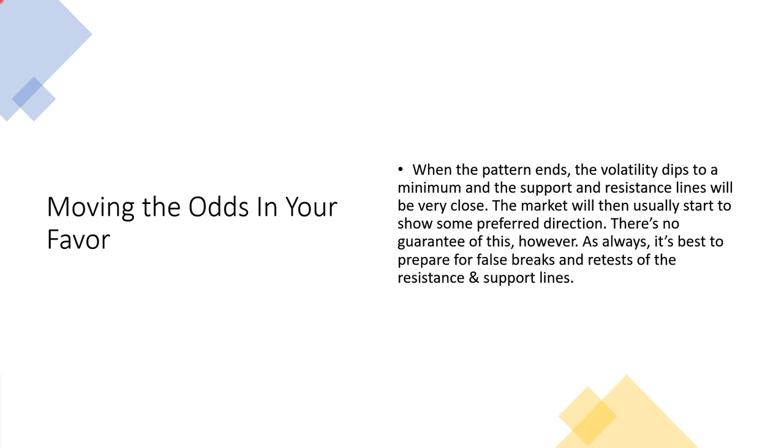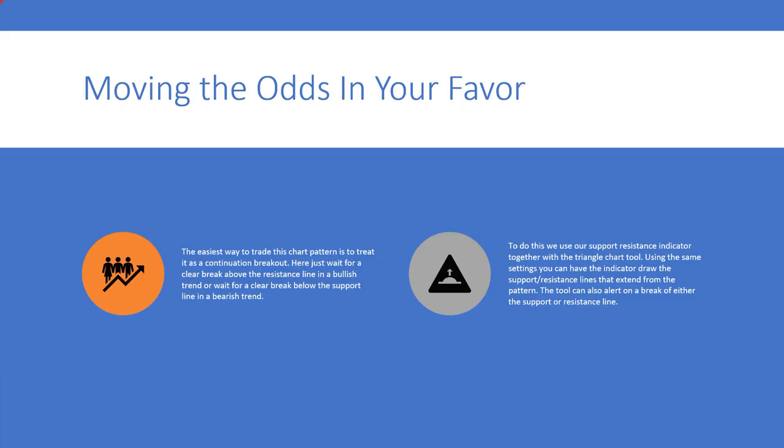So when the pattern ends, the volatility dips into a minimum and the support and resistance lines will be very close. The market will then usually start to show some preferred direction. There's no guarantee of it, however. As always, it's best to prepare for false breakouts and retests of the support and resistance lines.